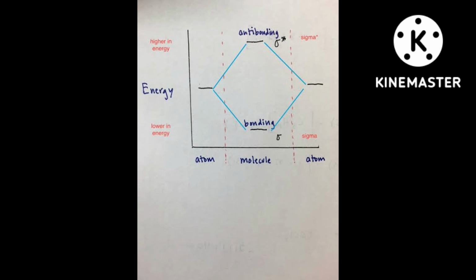In fact, there is a nodal plane. Nodal plane means where there is no electron. Electron density is 0, no electron. Okay, that is called nodal plane. There, electron density will be 0.